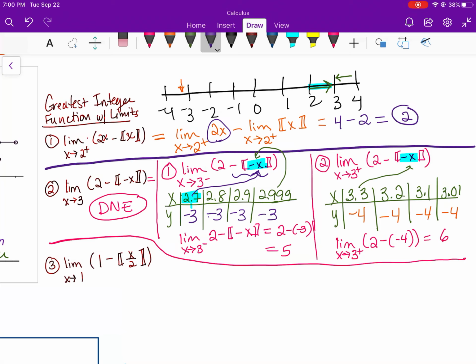So we're going to look at the limit. We have to look at both limits as x approaches 1 from the left. Let's get the whole function in there. And the limit as x approaches 1 from the right.